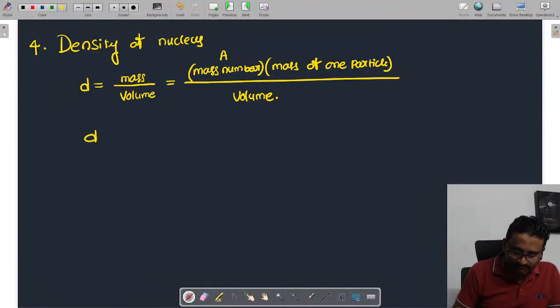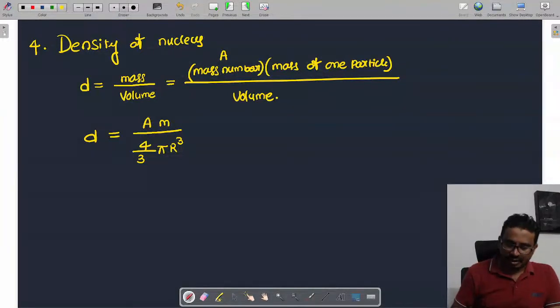So from this, density D is given as what I can say, A, the mass number, into m, divided by the volume, 4 by 3 pi r cube.